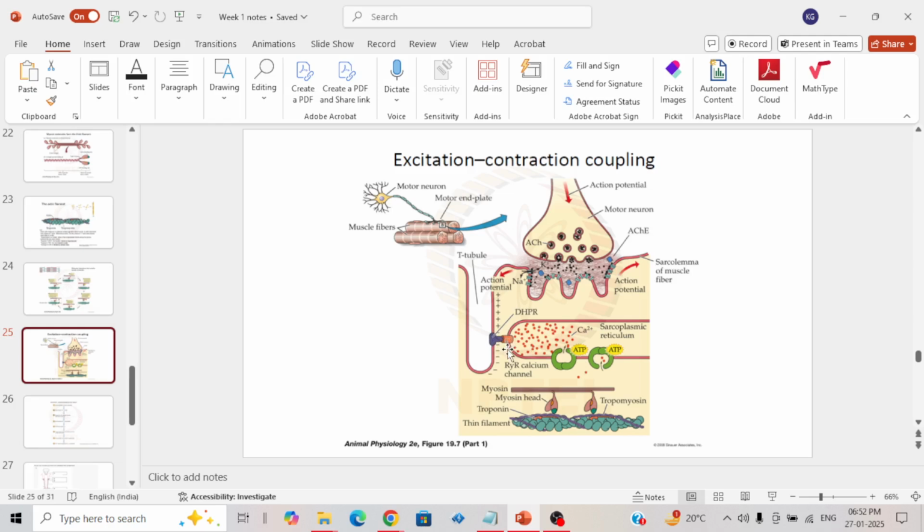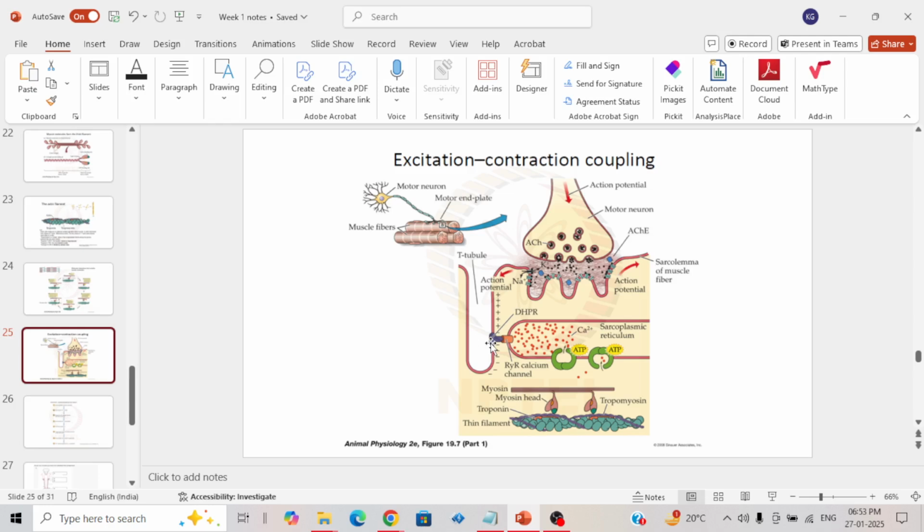There's some change in the conformation of these channels, which leads to changes in the ryanodine receptors, which are mechanically attached to these DHPRs. This will then open the calcium channels of the sarcoplasmic reticulum, causing the calcium to get released inside the sarcomeres.